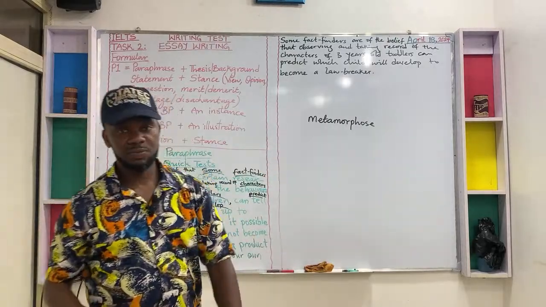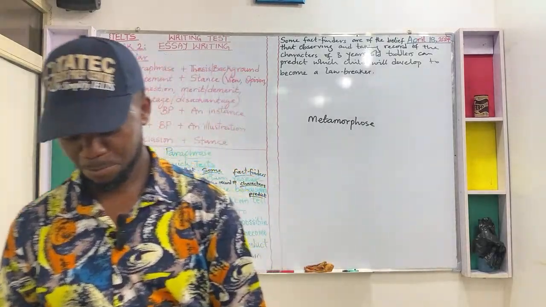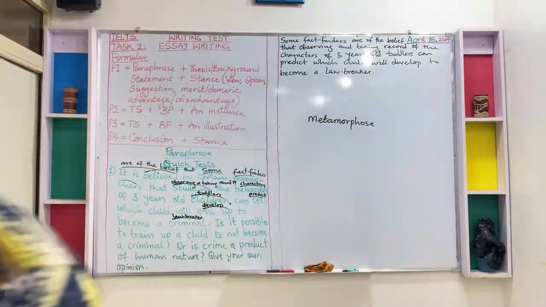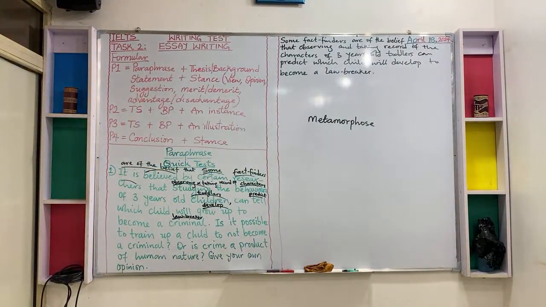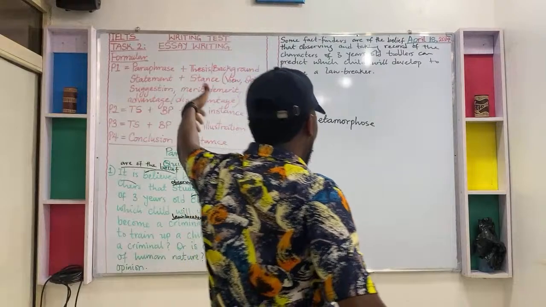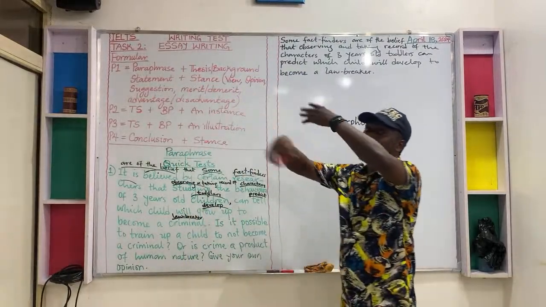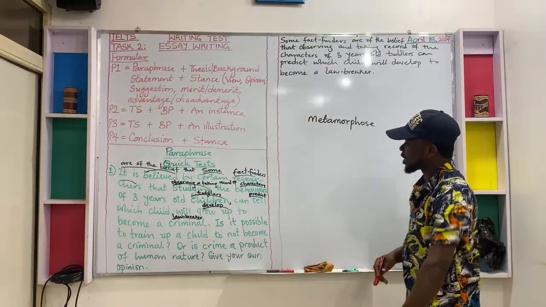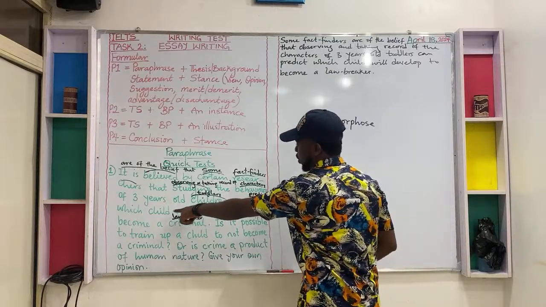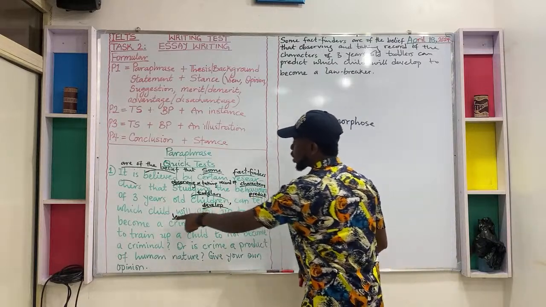This is correct, right? Metamorphose means to grow or develop into something, to evolve into another form. Is that correct? So here, the question says, will grow up to become a criminal.